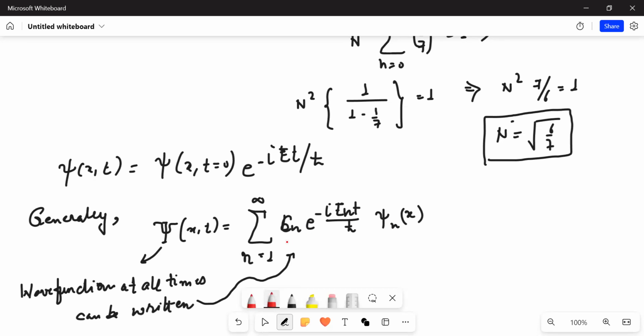Now, if I want to extract this Cn, how would I do it? I'll use a technique.